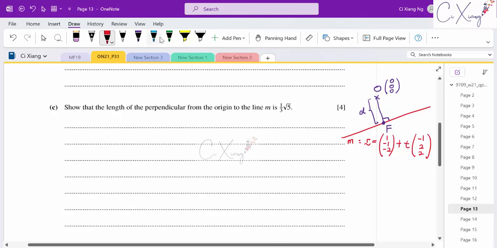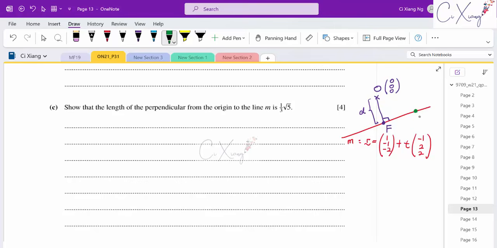When we have any single point that lies on a certain line, the position vector for this particular point is actually equal to the vector equation of the line. Therefore, if I want to know the position vector of F, it will be equal to the vector equation of the line M. So I will write it in this way, where it will become 1 minus mu.